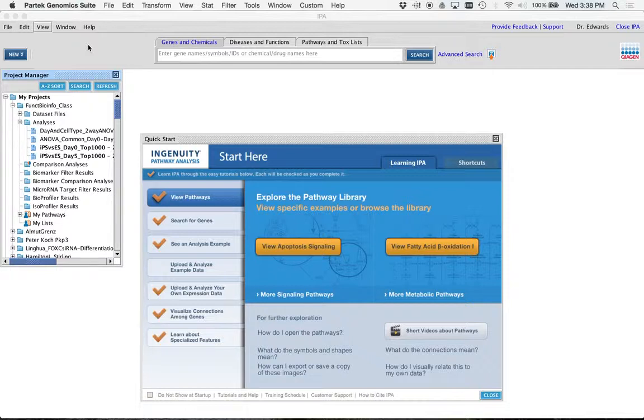And so when we put our gene lists in, basically we send those gene lists to the supercomputer in Silicon Valley where Ingenuity is. They take all the information they know about those genes, add that information to your gene list, and then send it back to you and give you this platform to visualize it. Okay? Again, I think that this is where the future of bioinformatics is going.